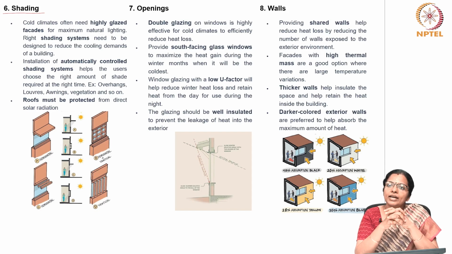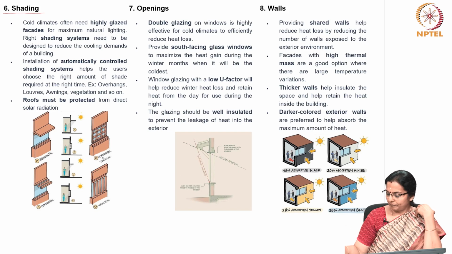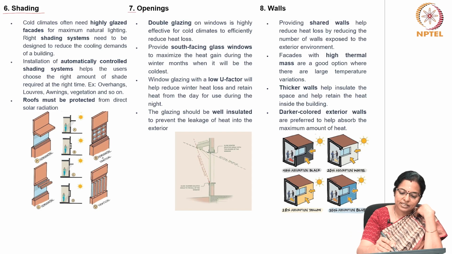Installing automatically controlled shading systems will help the users to choose the correct need for shade at the right time. This can be by means of overhangs or awnings or louvers and sometimes even vegetation. The roof must be protected from direct solar radiation. Next we will see openings.